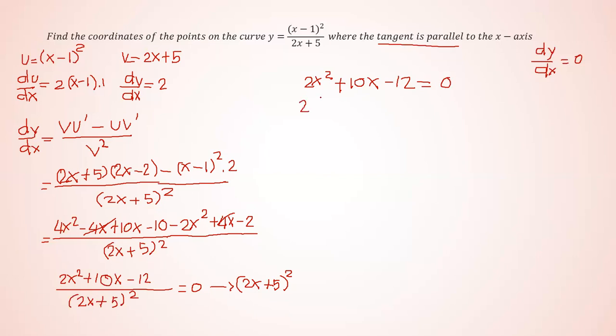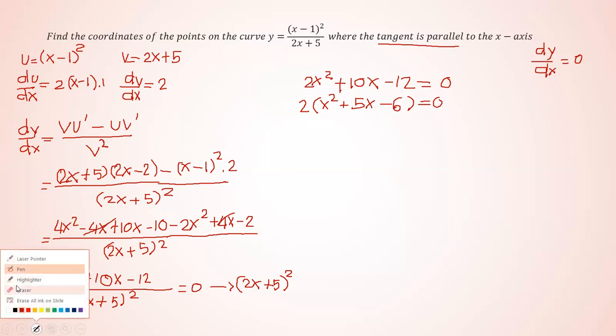Factorize: x squared plus 5x minus 6 equals 0. This, so it means divided by 2, x squared plus 5x minus 6 equals 0.